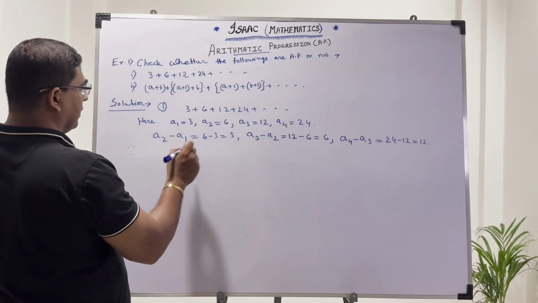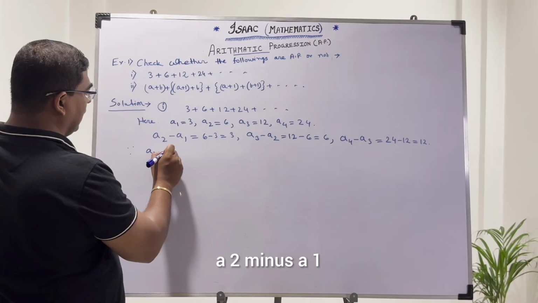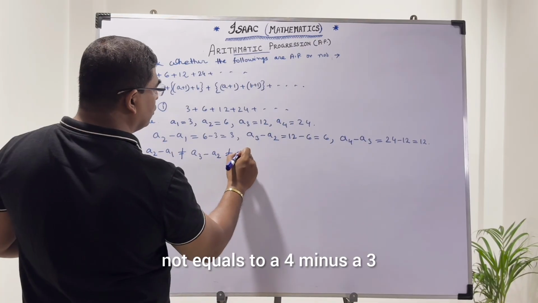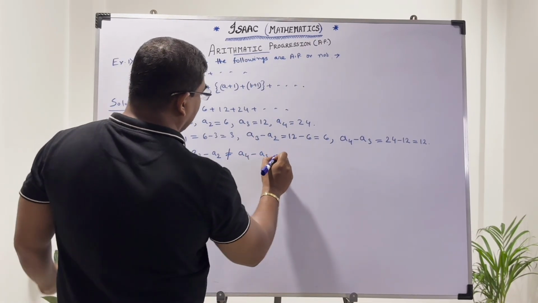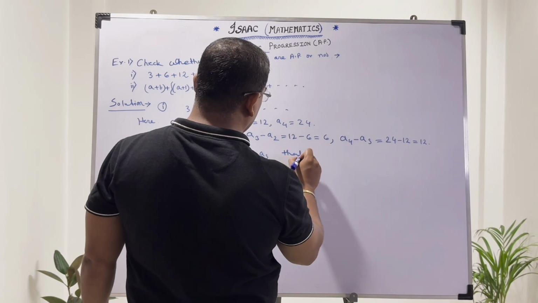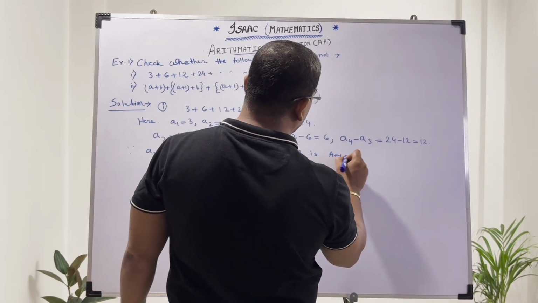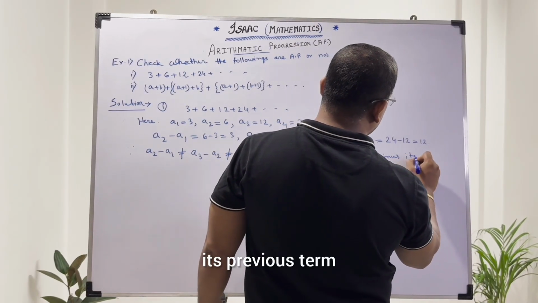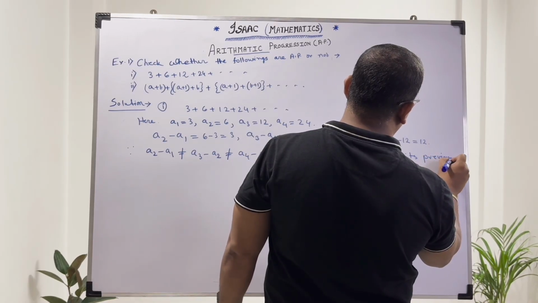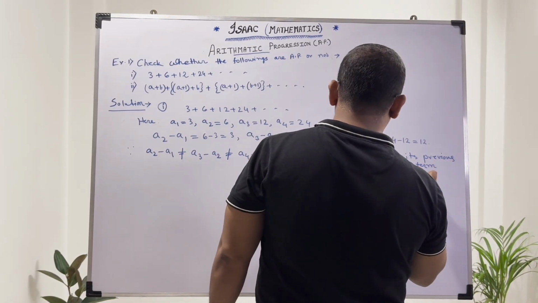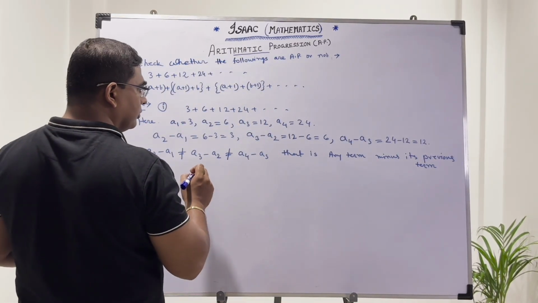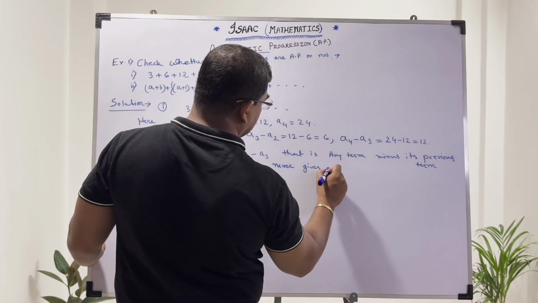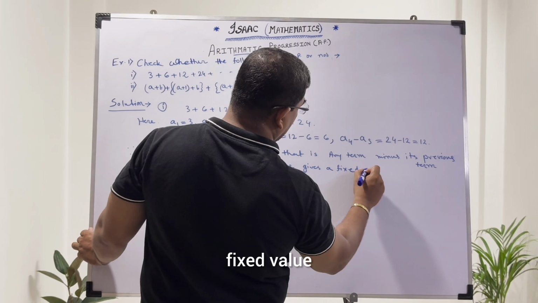Since A2 minus A1 is not equal to A3 minus A2, which is not equal to A4 minus A3, any term minus its previous term never gives a fixed value.